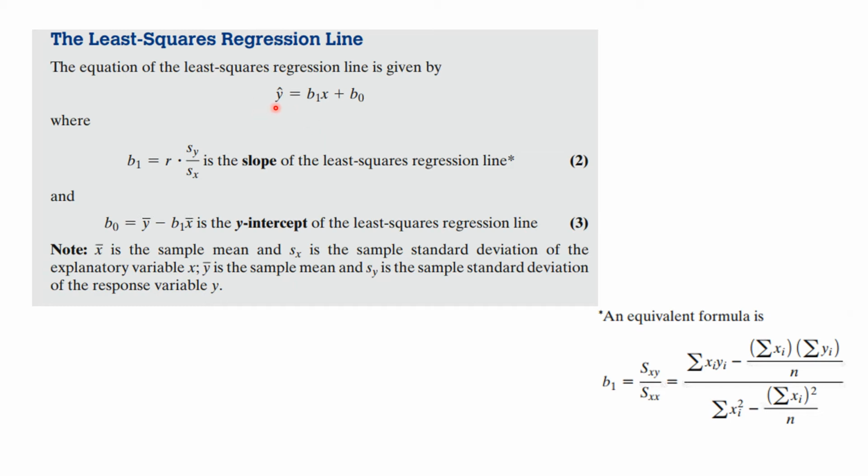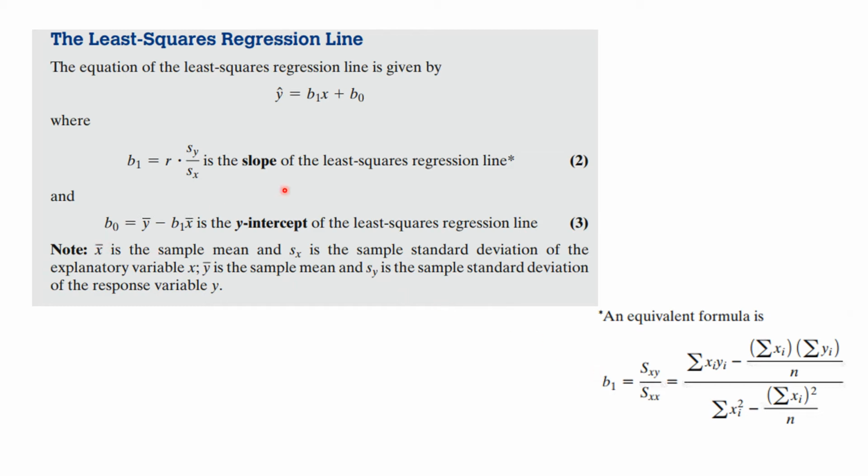And so it is y hat equals b1 times x plus b0, where b1 is the slope, what we'd call m. And this is one formula for b1, but here's an equivalent formula down here. These are the formulas that you learned in the video.